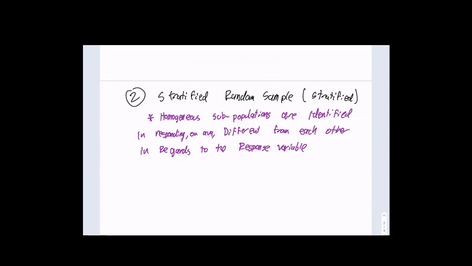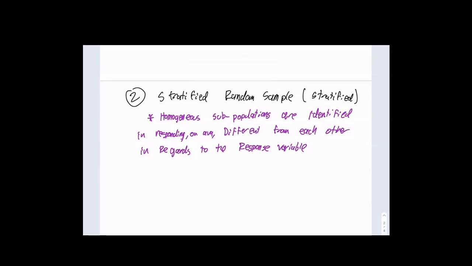The males are kind of like their own subpopulation that are very similar to each other, and the females are generally similar to each other as well, but they still have some span and variability within each. We call this homogeneous because they are basically taller individuals, and they are generally shorter individuals in regards to the response variable.